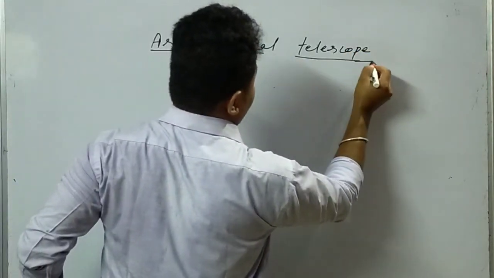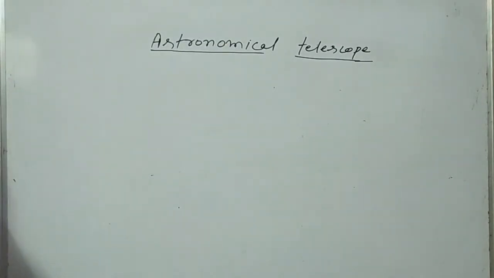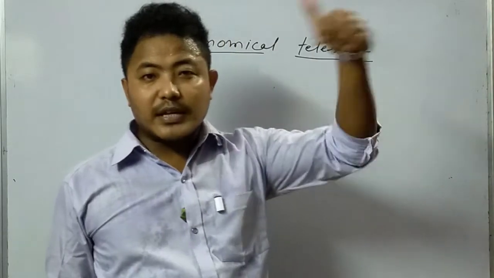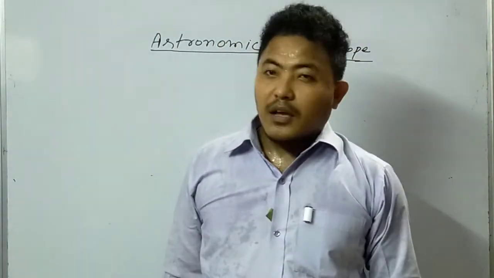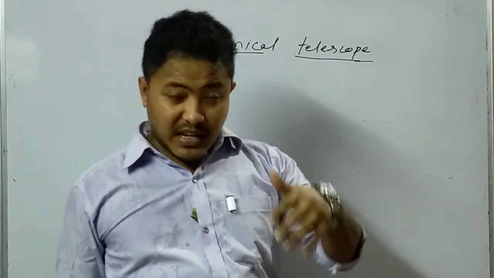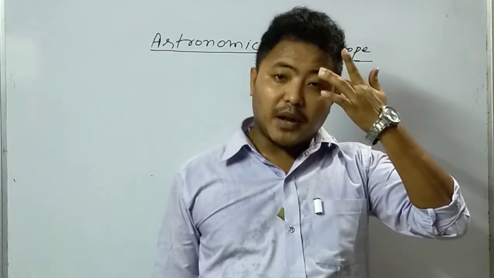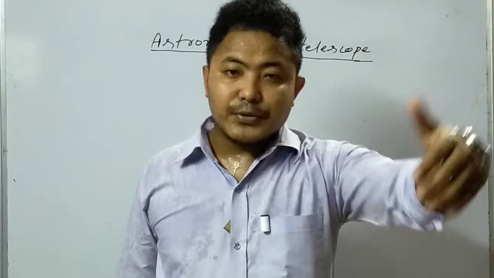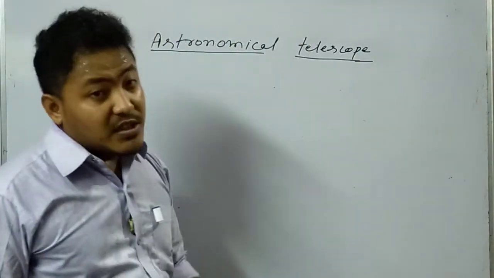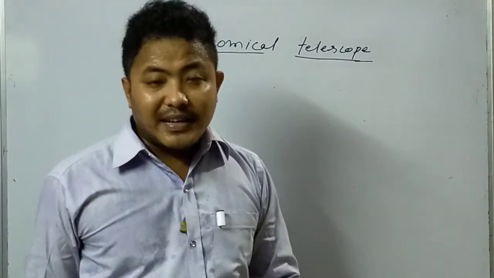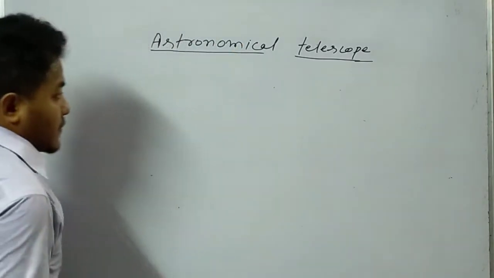So what is an astronomical telescope? In order to see some astronomical objects, like a galaxy, some distant star, or to study some distant planet, all these things, to see closely nearby you distinctly, we use the astronomical telescope, and it is a refracting type of telescope.